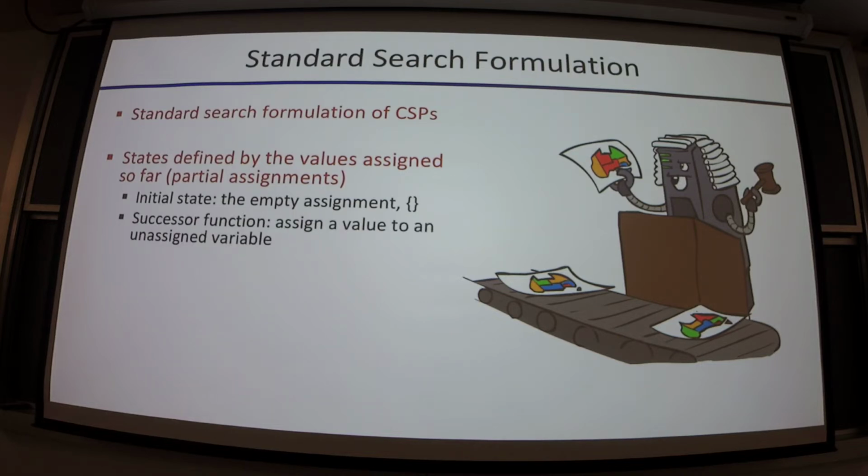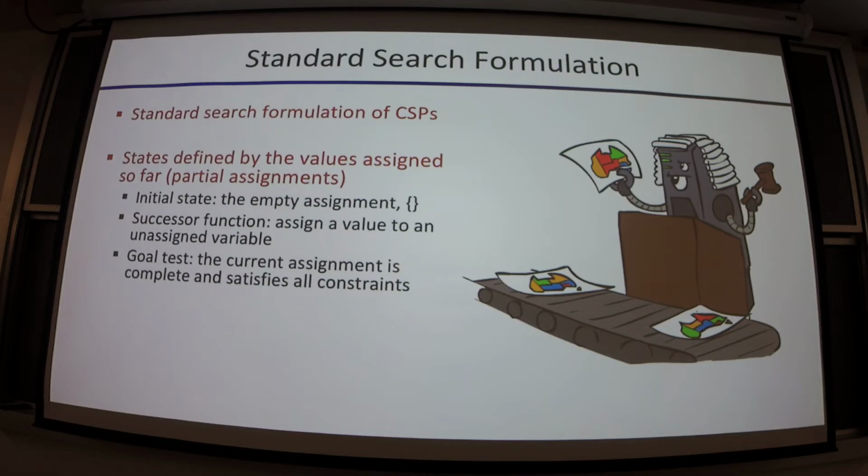Our successor function might assign a value to an unassigned variable. And we have a goal test: is the current assignment both complete, as in all variables have been assigned a value, and does it satisfy the constraints?